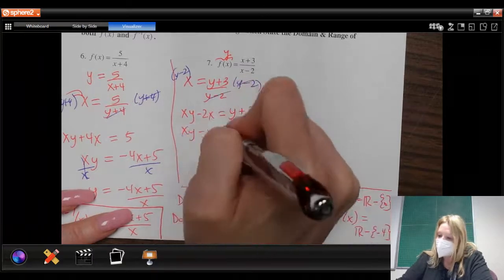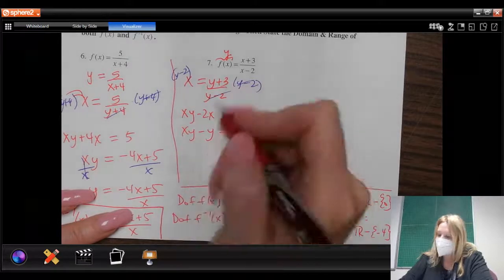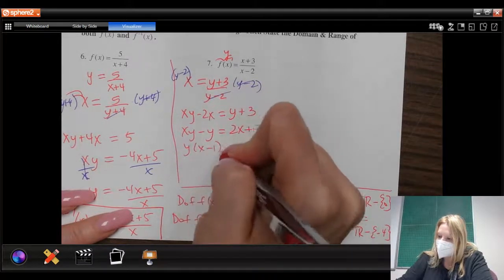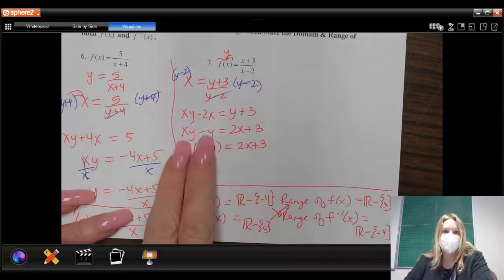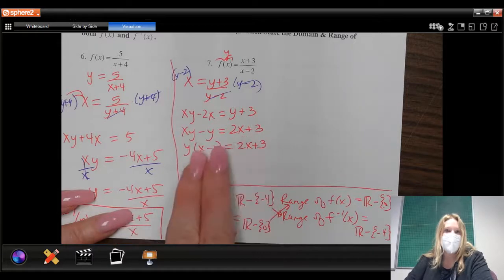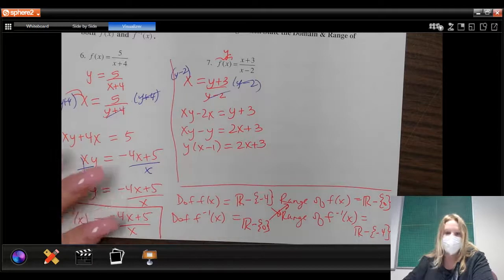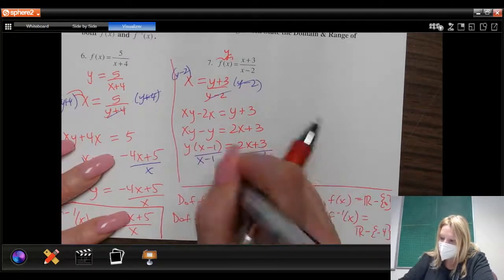Get everything with a y to one side. Factor out a y. So we've got to get every term that has a y on one side, anything that does not have a y on the other side. That is so we can factor out a y, be able to isolate the y, and now solve for y.